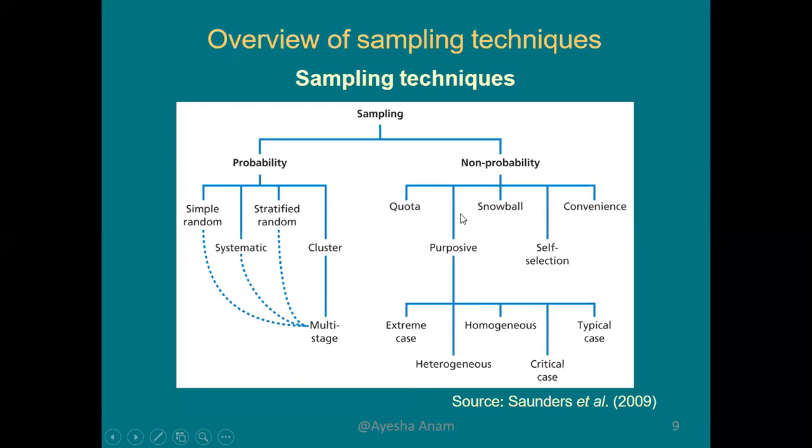Non-probability is again of different types: quota sampling, purposive sampling, snowball sampling, self-selection, convenience sampling. Then again, purposive sampling includes extreme case sampling, heterogeneous sampling, homogeneous sampling, and critical case sampling.